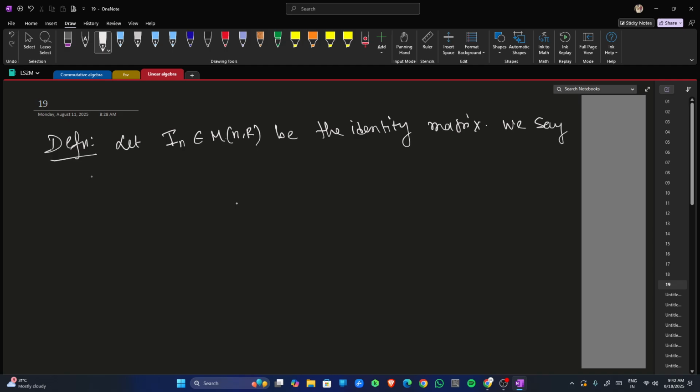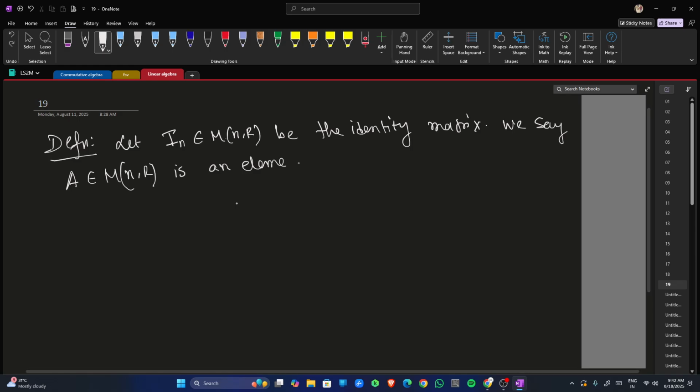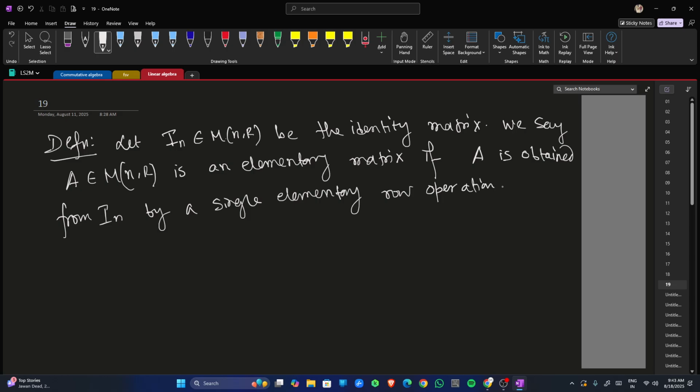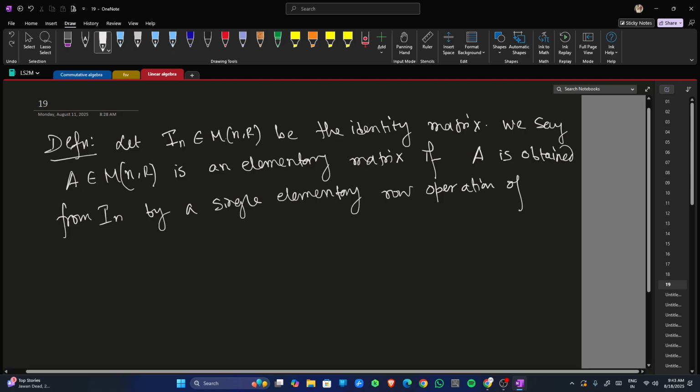We say A belonging to M n R is an elementary matrix if A is obtained from I n by a single elementary row operation of any type.